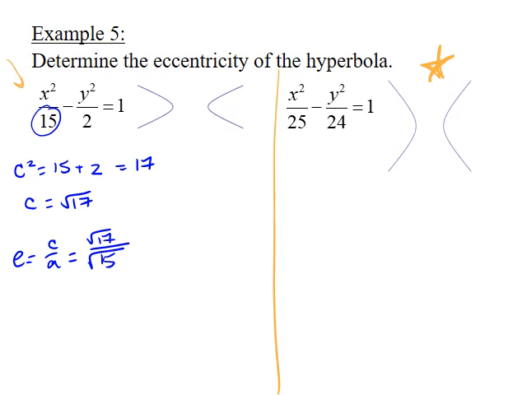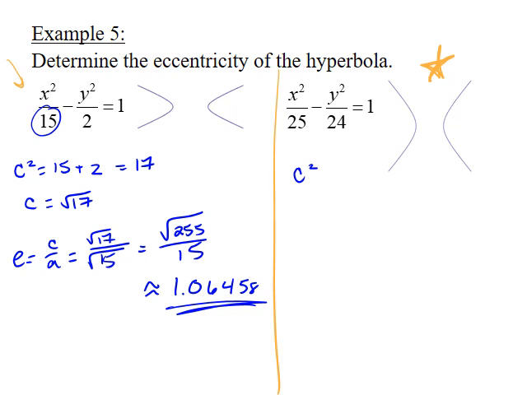I'm sorry, root 15, because a squared is 15. And then you can simplify this as the square root of 255 divided by 15. This is approximately 1.06458. And you can see that's greater than 1.